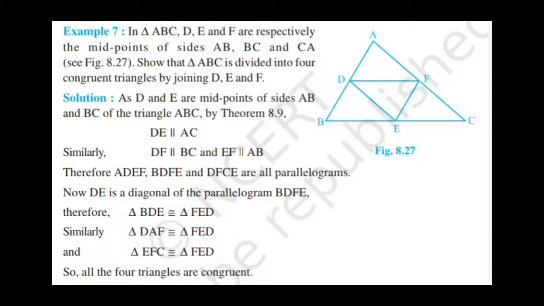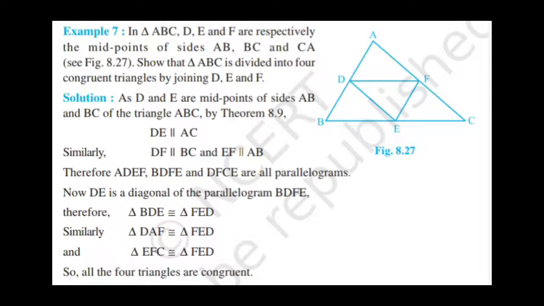Then, if DE is the diagonal of the parallelogram DFEB, the diagonal divides the parallelogram DFEB into two congruent triangles. How will you prove that DFEB is a parallelogram?